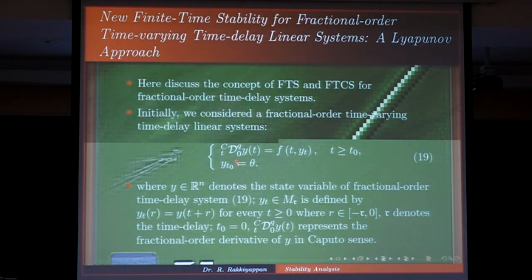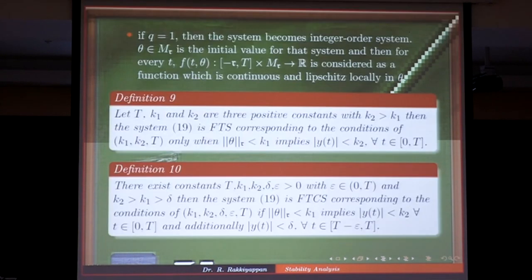So here we consider the nonlinear fractional order differential systems with respect to the initial condition, and we derive the theorems. We use the same stability definition in the sense of Francesco Amato, and then this is the definition for finite time contractive stability.